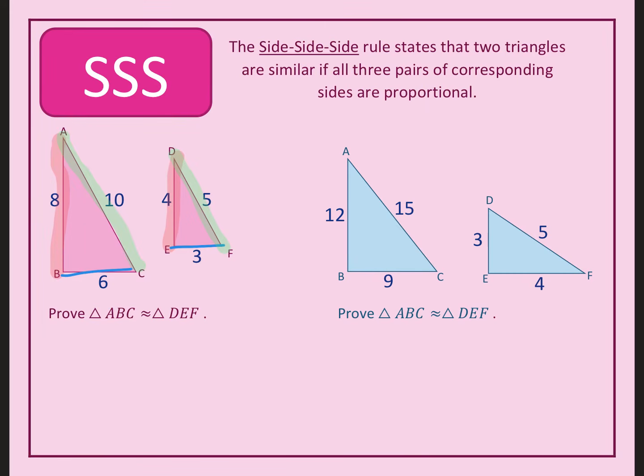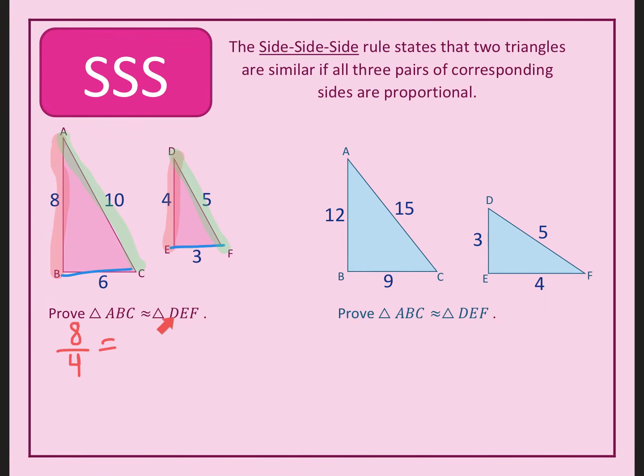So if I do the red one first, AB is 8, and I'm going to divide it by, so I'm going to put this over this. So 8 over 4. Is it equal to? And now I'm going to check BC. So I'm going to put BC over EF. Now, how do I know these sides are matching?